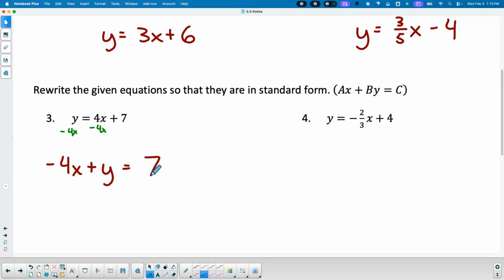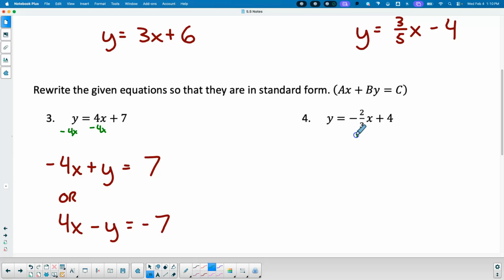Truly, though, we would want 4x minus y equals negative 7. Because in true standard form, there's no fractions, no decimals, and the A value, your x coefficient, is positive. So that would be the true one, but we would accept either one of those.